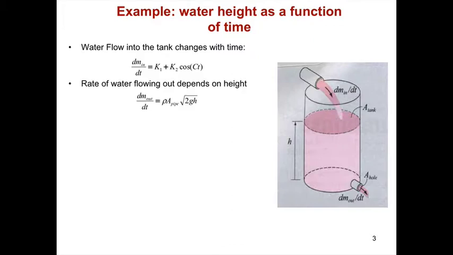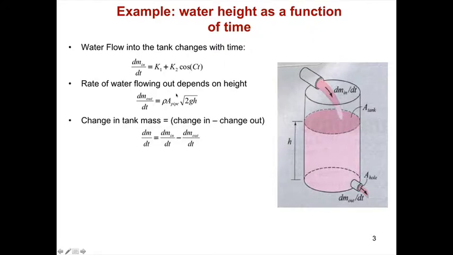And then my rate of flowing out depends on the height, and that can be worked out to be density of water in the tank times the area of the hole, times the square root of 2gh. So I know that the change of mass in this tank is simply the difference between the two. Whatever is coming in minus whatever is coming out, that's essentially what the change of mass in the tank is.